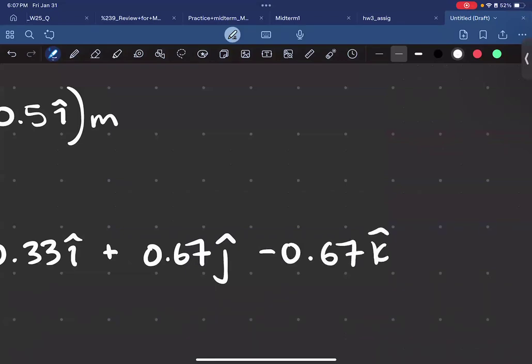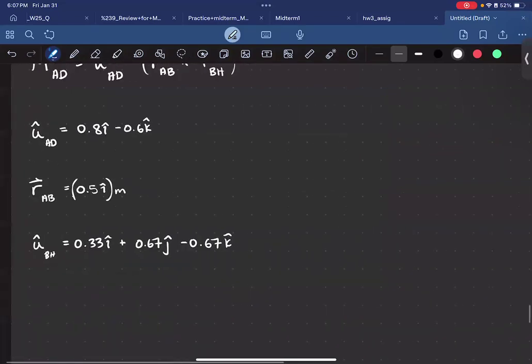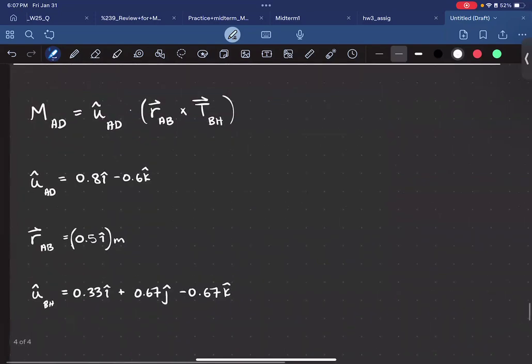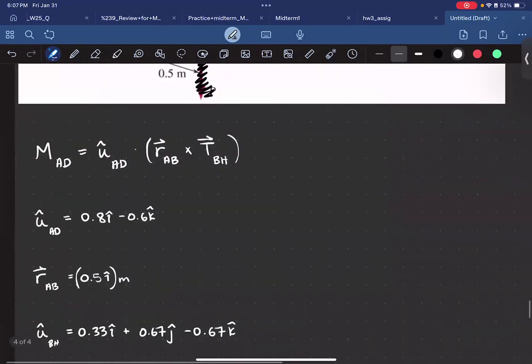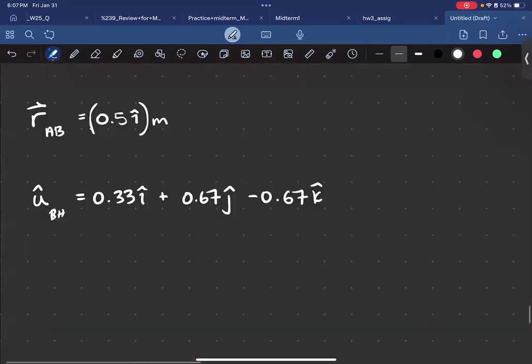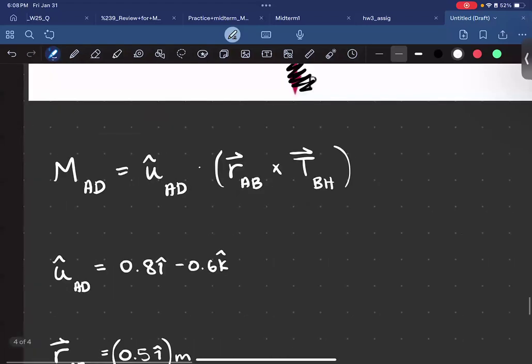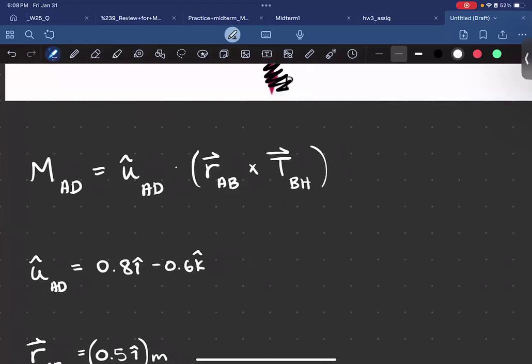Let me just double check that. Yeah. So we have our unit vector of BH. We can multiply that to our tension and set it up in our cross product.